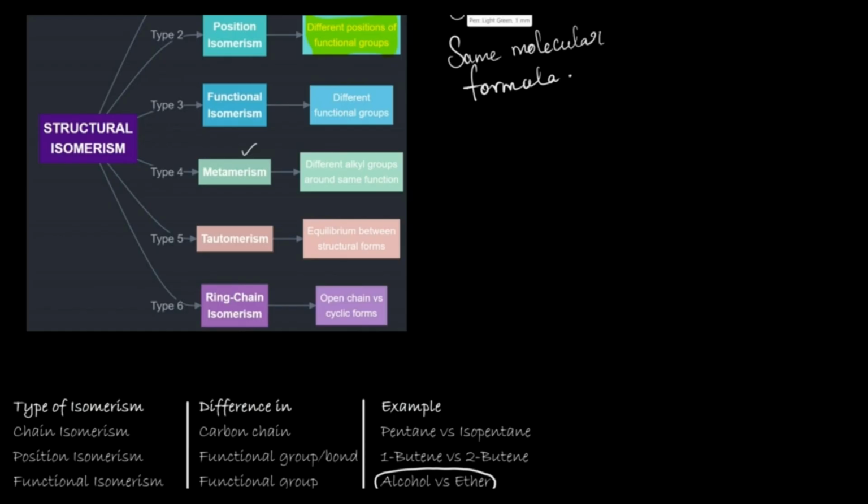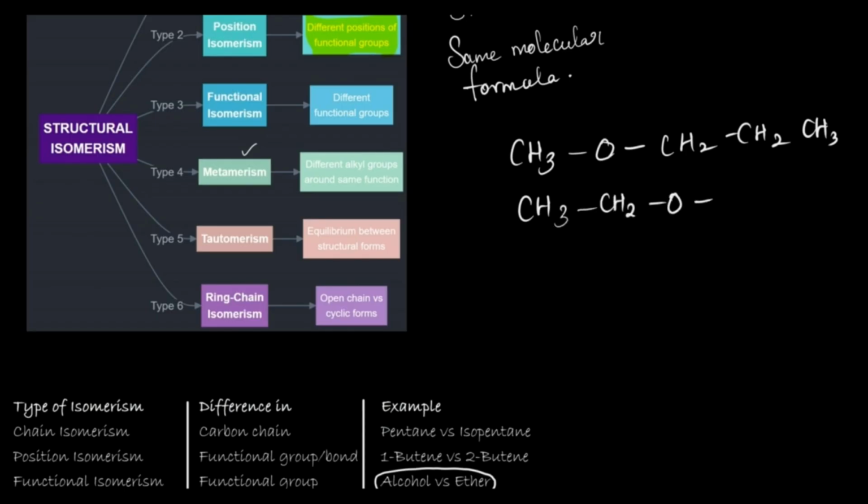What is metamerism? Once again, it is having the same functional group and molecular formula, but different alkyl groups attached. For example, here I have CH3O CH2CH2CH3. Another isomer of the same compound is CH3CH2OCH2CH3.